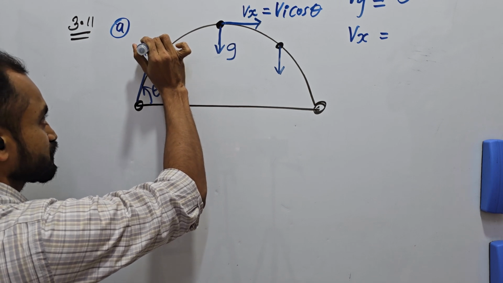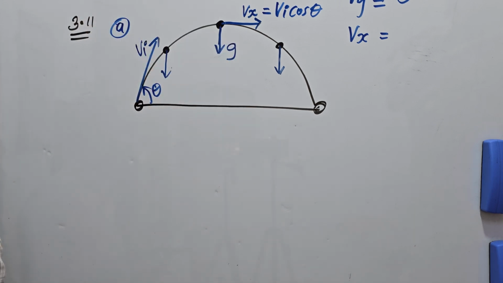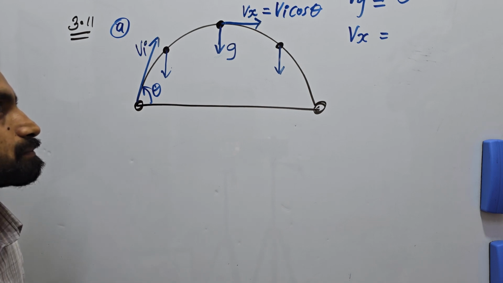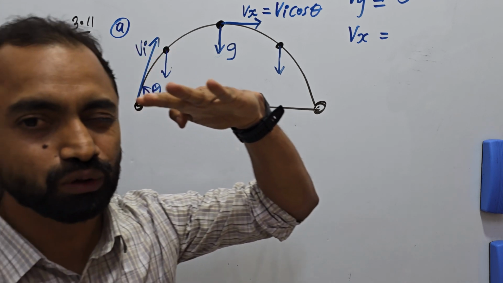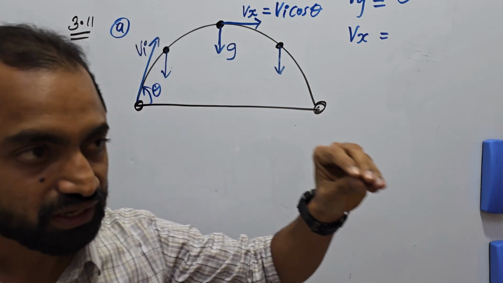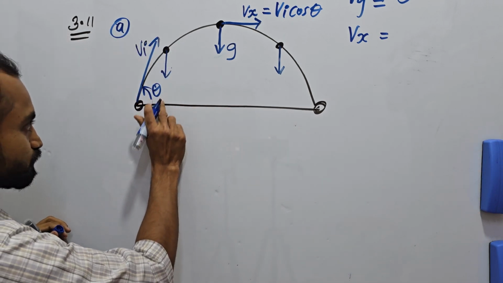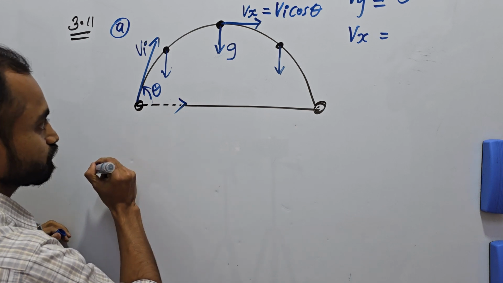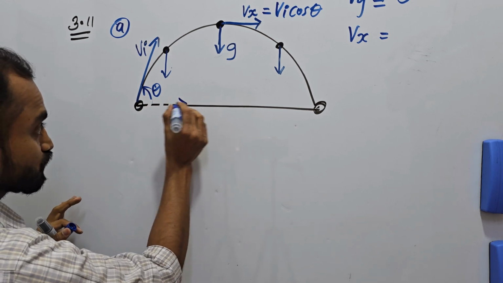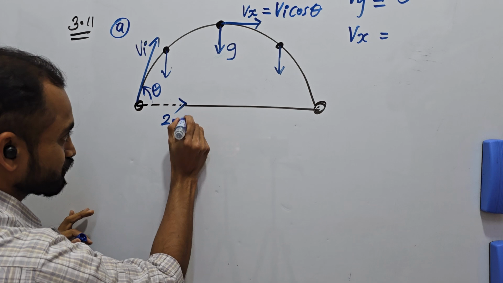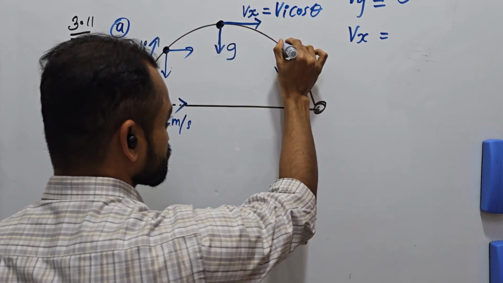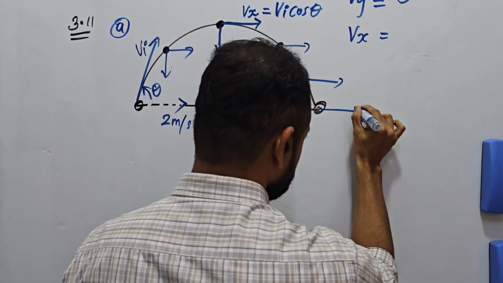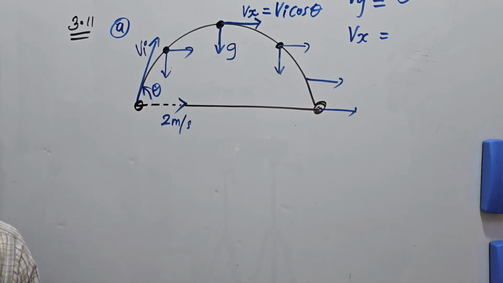Only the y component is 0 and the x component is always the same, no change. For example, if the velocity along the x direction is 2 meters per second, it stays 2 meters per second throughout the motion.